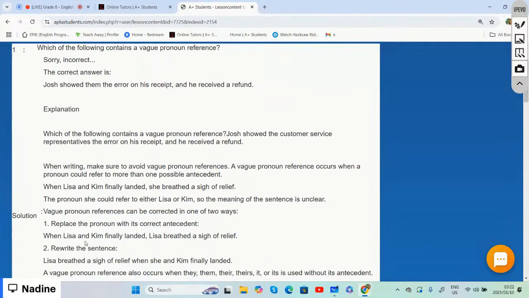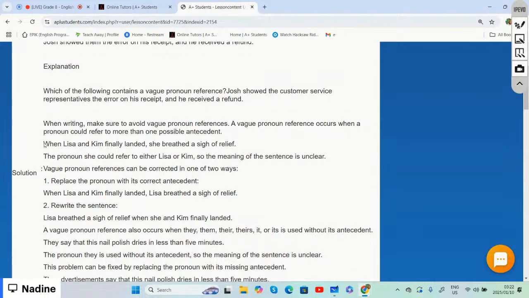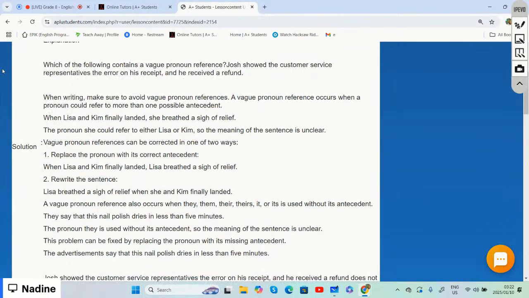And once again, when you're writing, you need to make sure to avoid vague pronoun references. A vague pronoun reference can occur when a pronoun could refer to more than one possible antecedent.